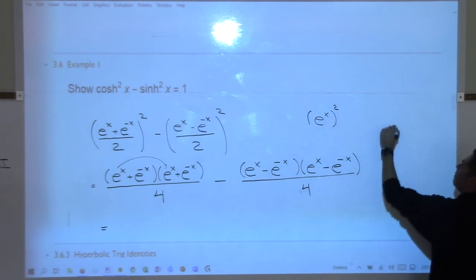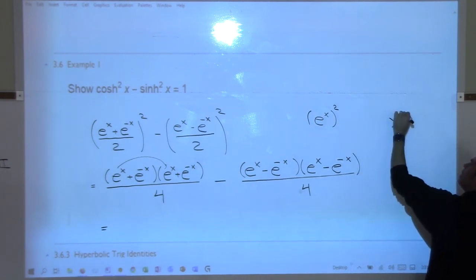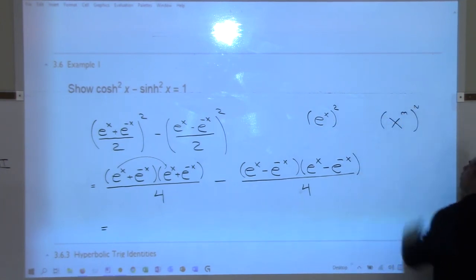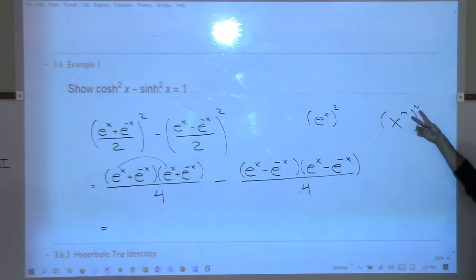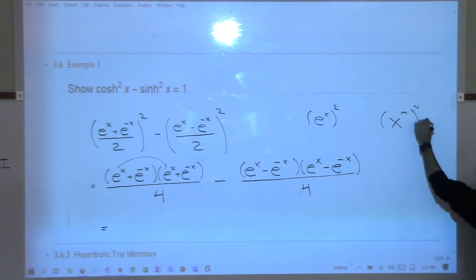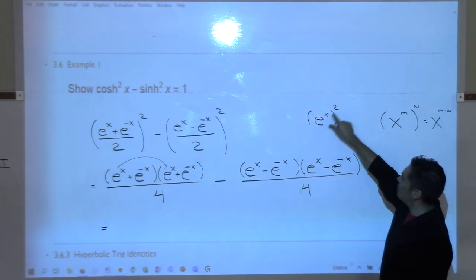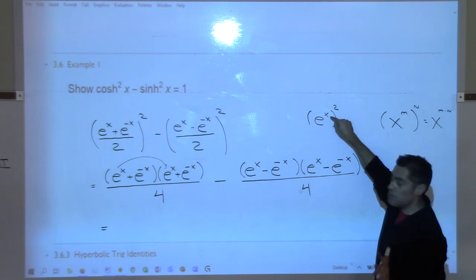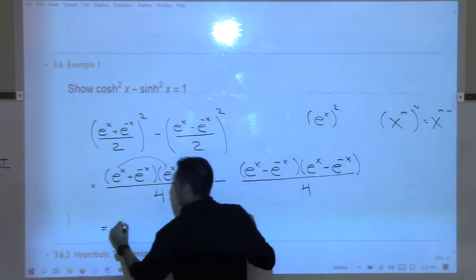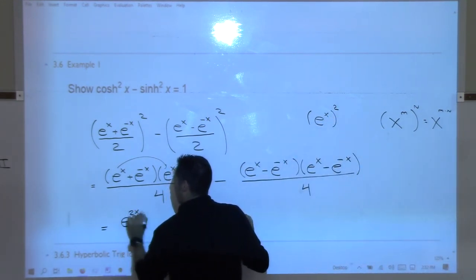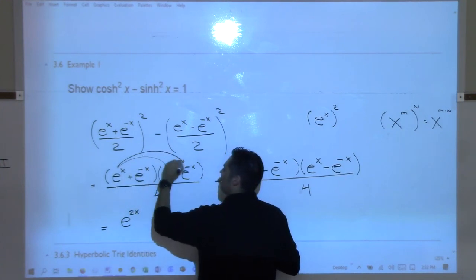How about this? If I said x to the m to the n, what do you do with these exponents? You multiply them. So this is really x to the m times n. So if we have e to the x squared, we multiply these two, which means we'll get 2x. So we're going to have e to the 2x there, and then here, what would we get?